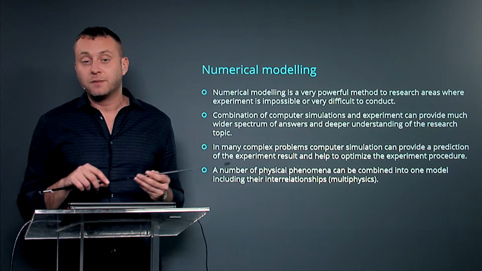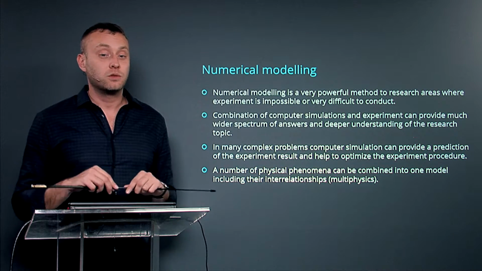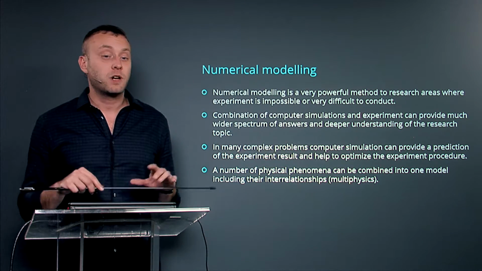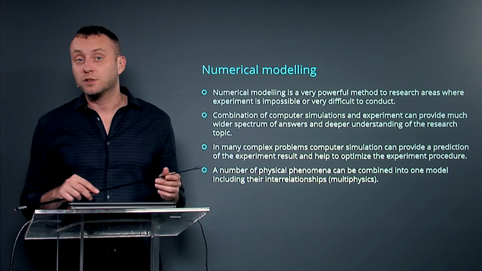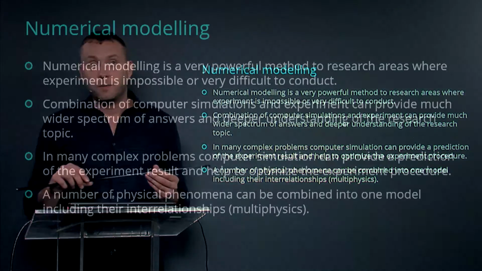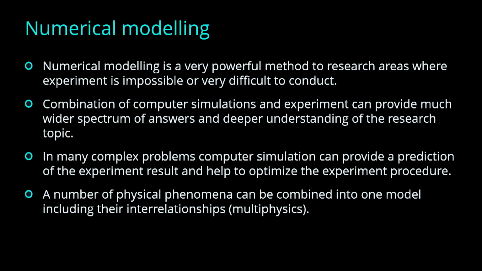So numerical modeling is a very, very powerful tool to research where experiment is impossible or very difficult to conduct. A combination of experiment and modeling can provide us a deeper understanding of the research topic and provide better results than every method by itself.